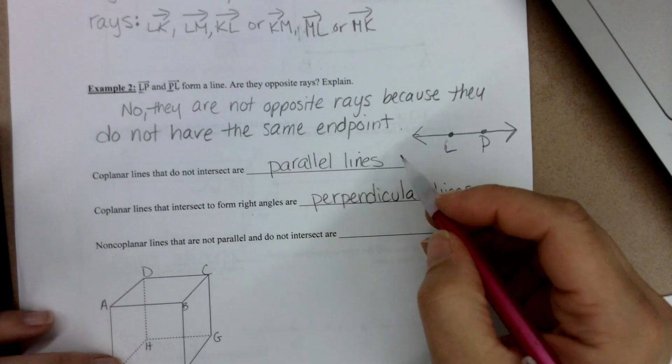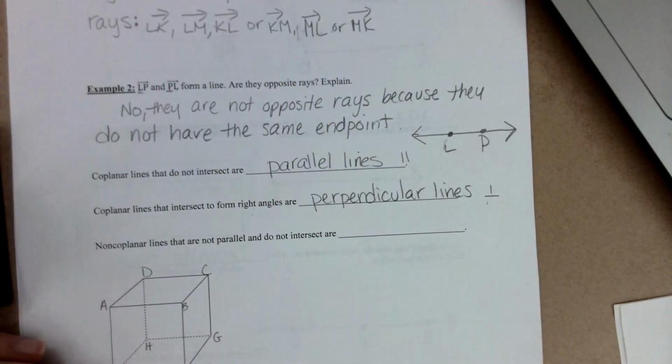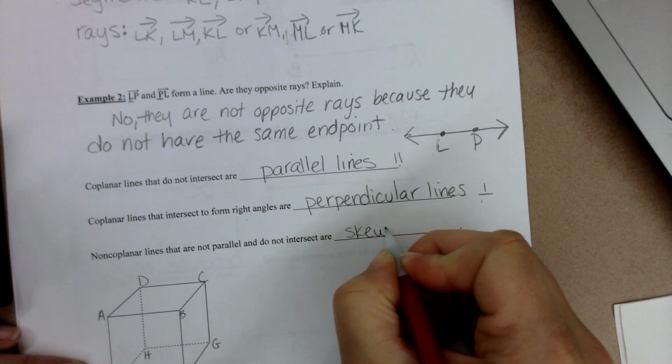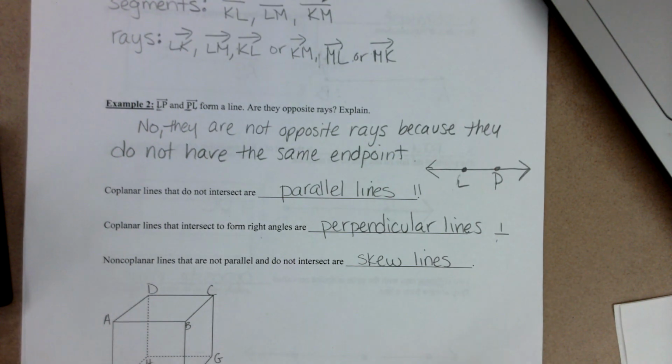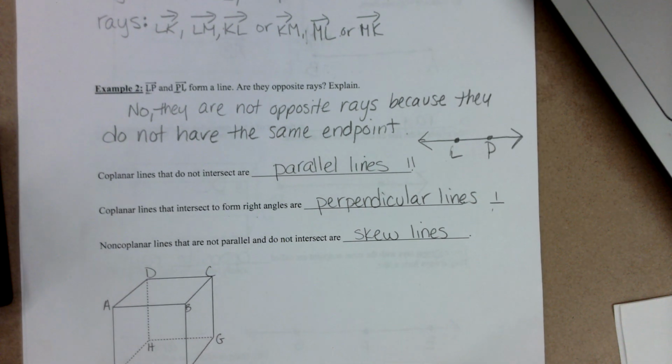The symbol for parallel lines is two lines like that, and the perpendicular symbol is like that. Non-coplanar lines that are not parallel and do not intersect are skew lines. I wouldn't worry about that one too much. We're not going to go over that too much in this class, but just so you have the definition.